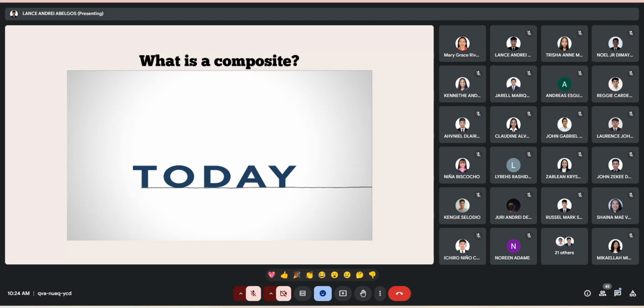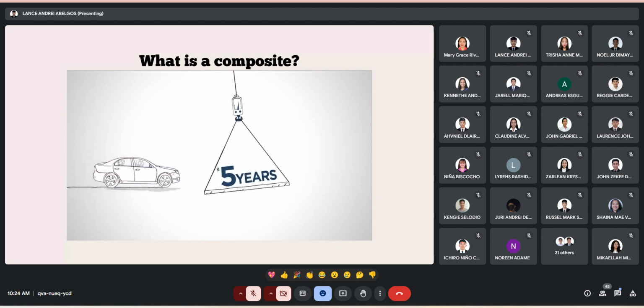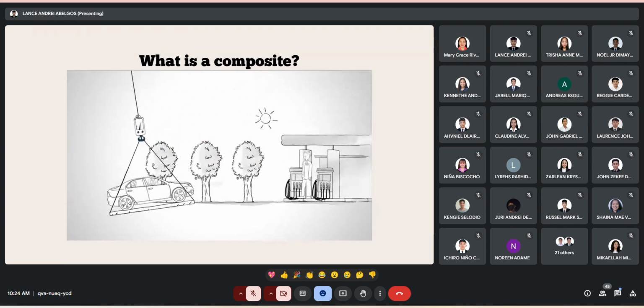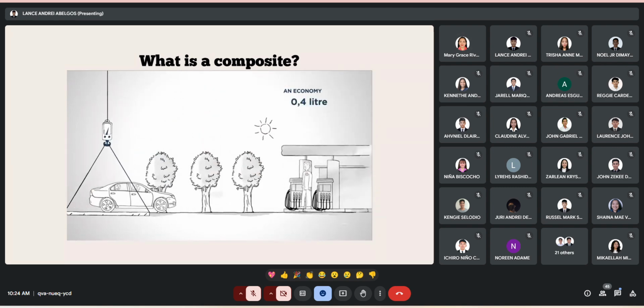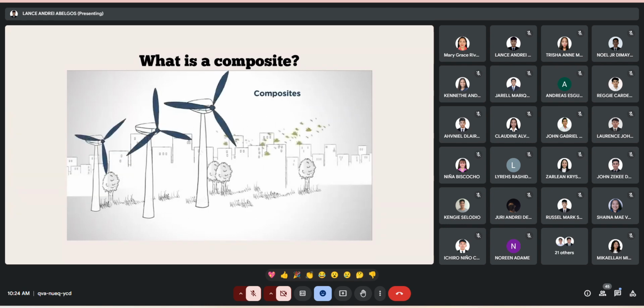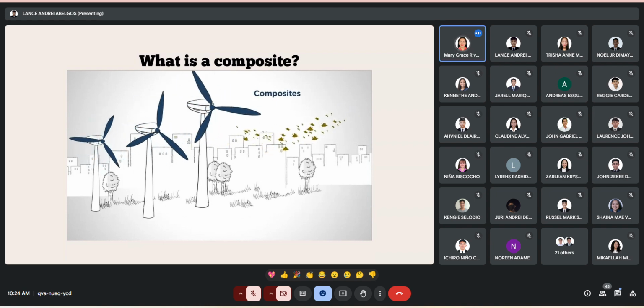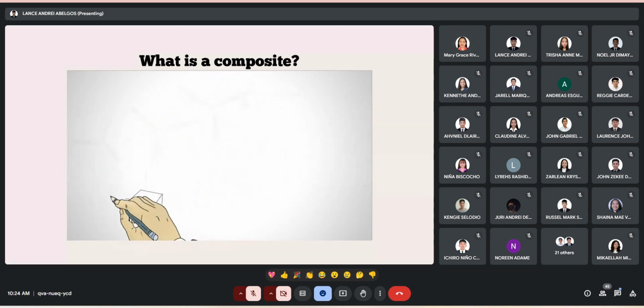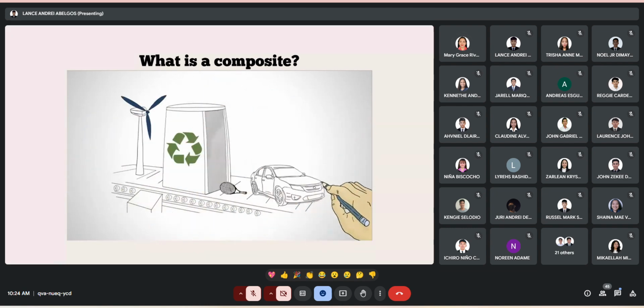Take the example of this car. In 5 years, it will weigh 250 kilograms less and allow energy savings of 0.4 liters per 100 kilometers. Furthermore, composites on the whole have an advantage of being very resistant and are much lighter than metals. Arkema even recycles thermoplastic resin-based composites through its Virtucycle solution.